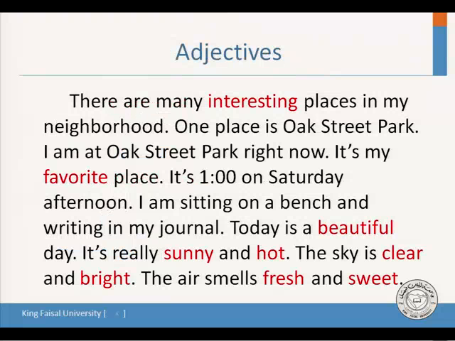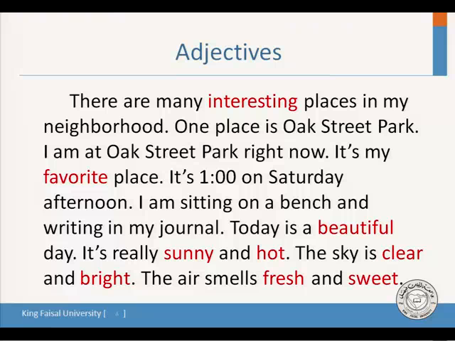Now this is the same reading passage, the same slides, and look at the adjectives. They are highlighted in red color. There are many interesting places. Interesting is the adjective; places is the noun.